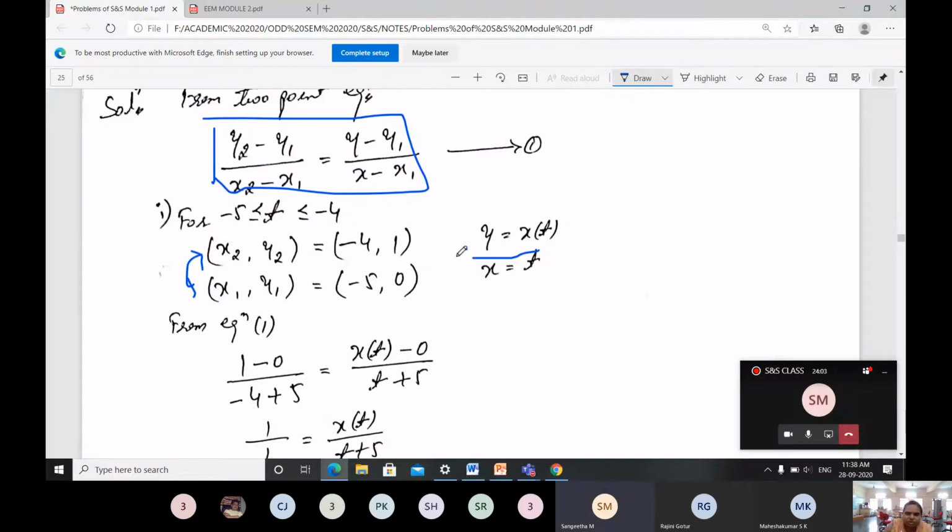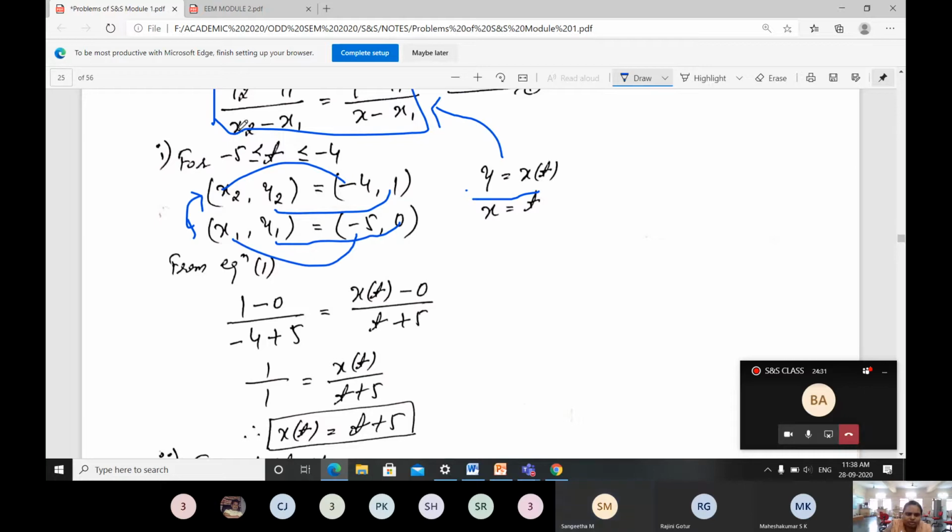What you have to do is just substitute all the parameters in the line equation. So what is our y2? y2 is 1. Then minus y1, what is y1 here? It is 0. This is y1, this is our x1, this is our y2, and this is our x2.